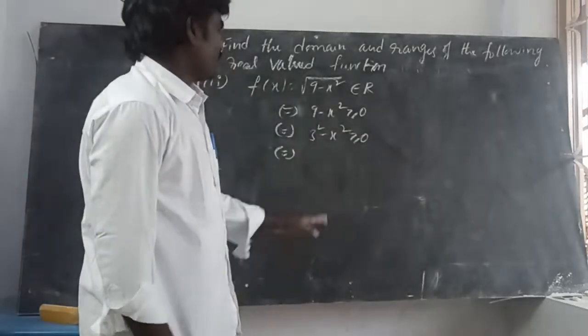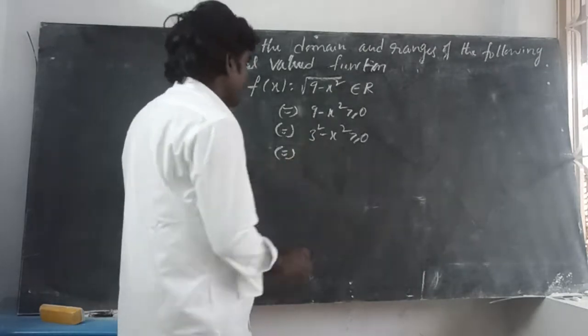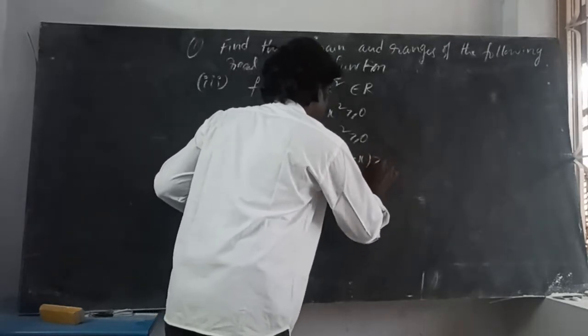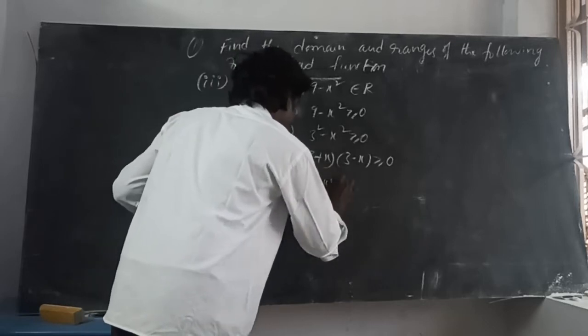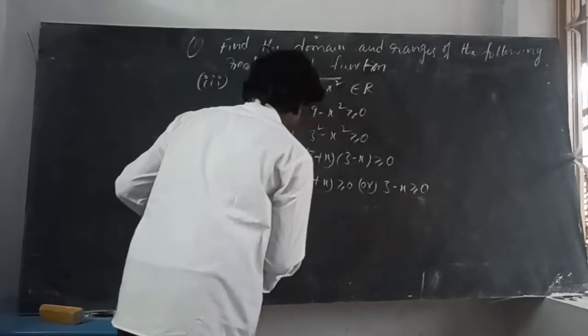Here it is in the form of a square minus b square, that is a plus b into a minus b. So 3 plus x into 3 minus x is greater than or equal to 0. So 3 plus x is greater than or equal to 0 or 3 minus x is greater than or equal to 0.